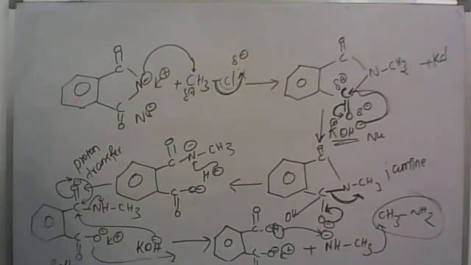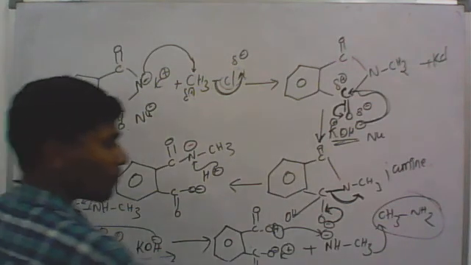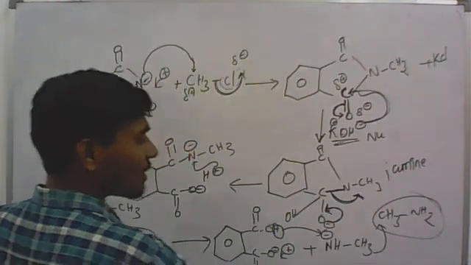When it approaches, one of the carbon oxygen double bonds breaks and goes up. The negative charge on oxygen comes back here, and the carbon nitrogen bond breaks down. After it breaks, we get NH C minus CH3.